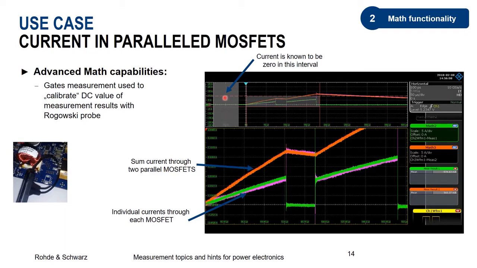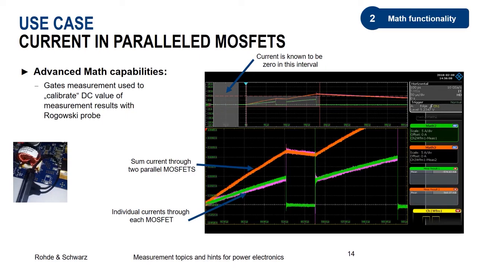What I know here is that in this part of the signal trace, the current is 0. And even though the measurement signal that the Rogowski probe provides does not show 0 current, because a Rogowski probe cannot show the true DC current, I know that it is 0, and I can use this measurement in order to calibrate my trace.